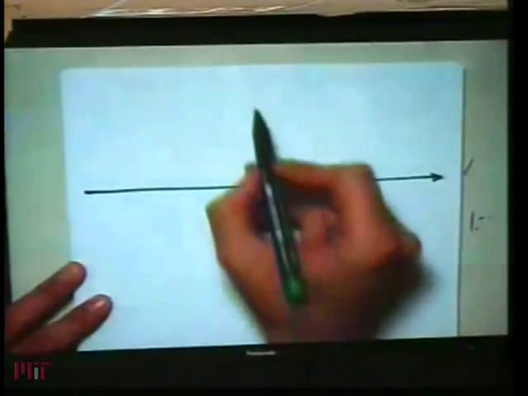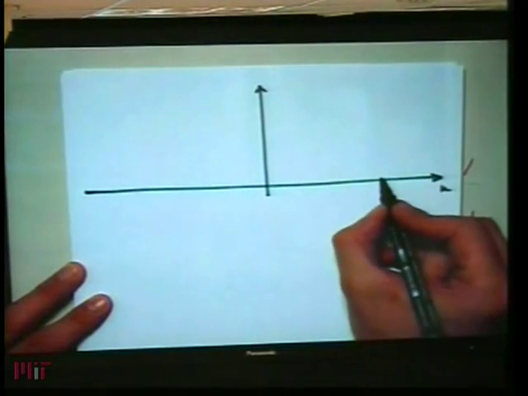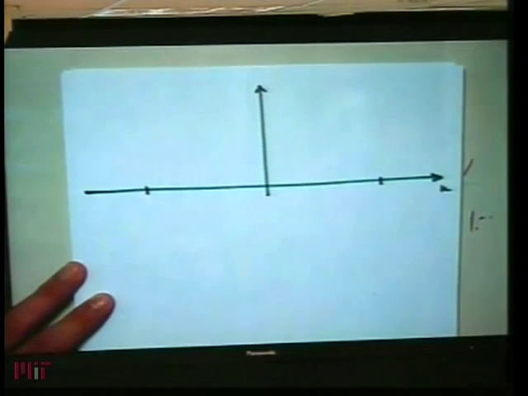So let me draw this a little bit carefully here. I'll try to be as accurate as I can. Okay, so there's 3 delta functions.